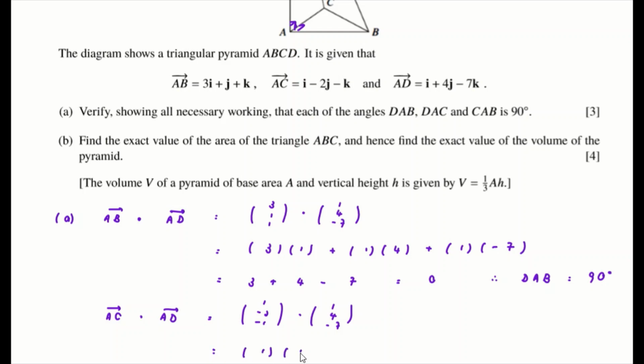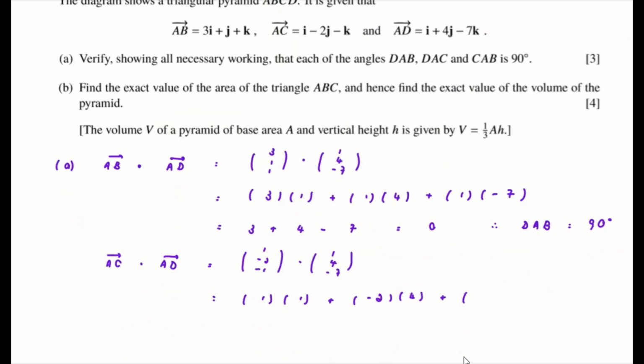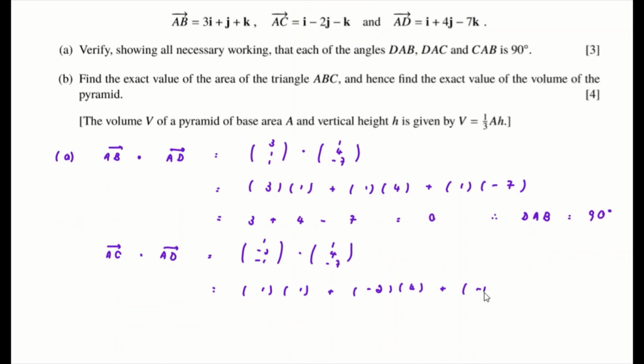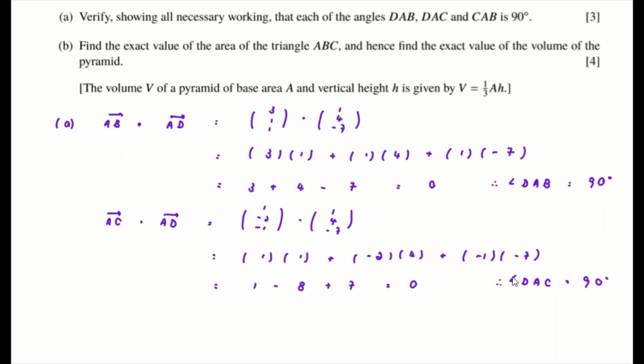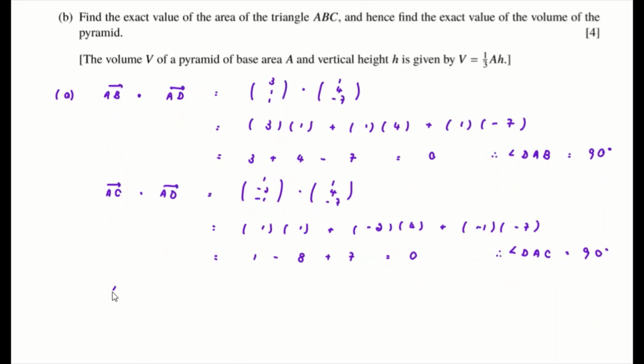So 1 times 1, -2 times 4, and then -1 times -7. So 1 minus 8 plus 7, you get 0 also. So in this case, you are proving CAD or DAC, following the question, equals 90. The last one is CAB, which means AB and also AC.